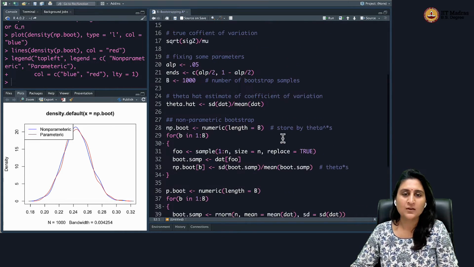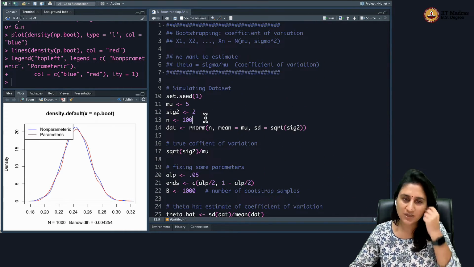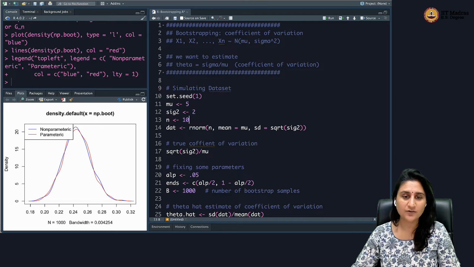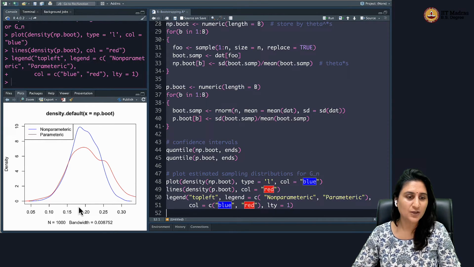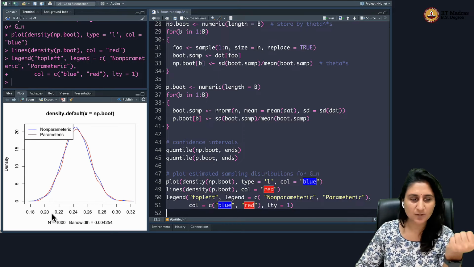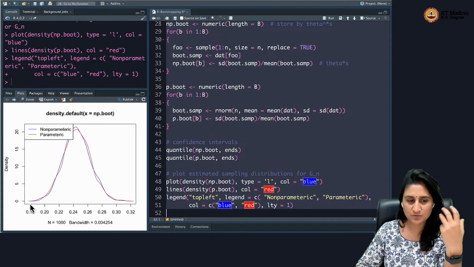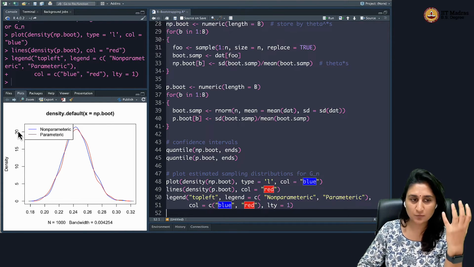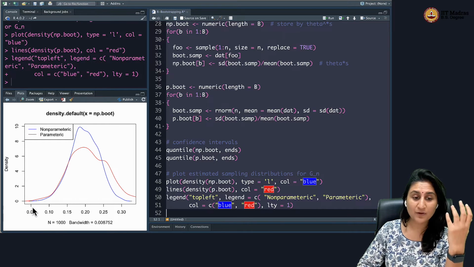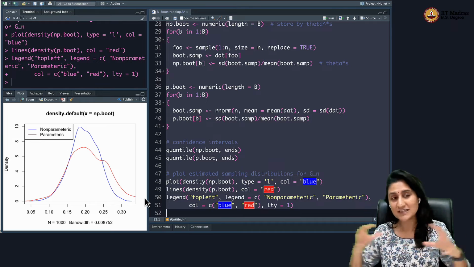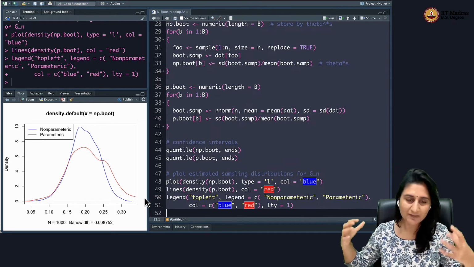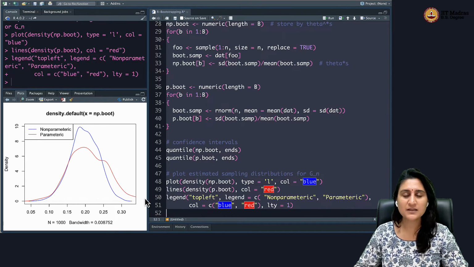So this is how the non-parametric and parametric bootstrap give us an understanding of the distribution of the estimator. Now I can change the original data from 100 observations to 10 observations, in which case, in the previous plot, my distribution was from 0.18 to 0.32, and now it's going from 0.05 to 0.3 or even further. So I've increased the variability of my estimator.